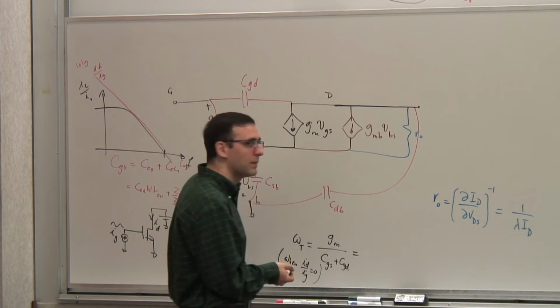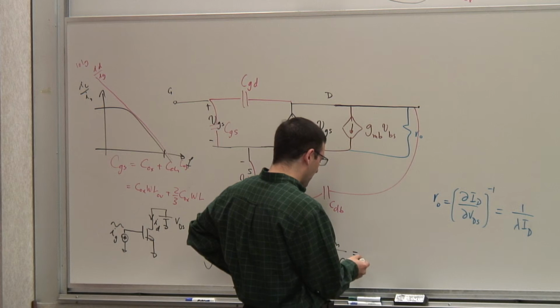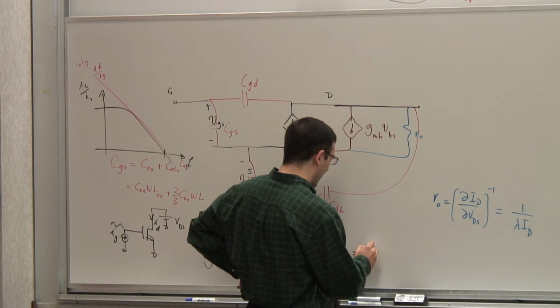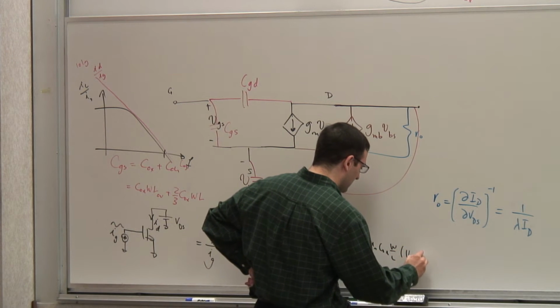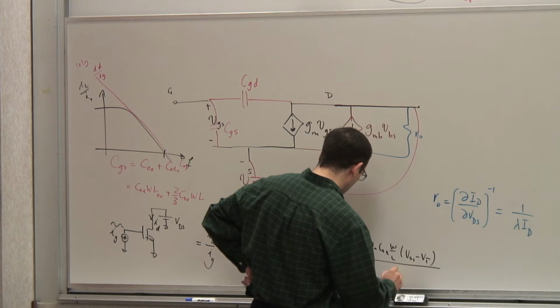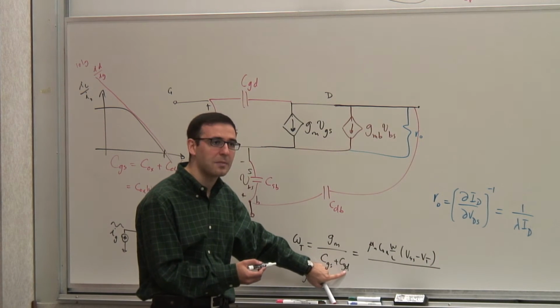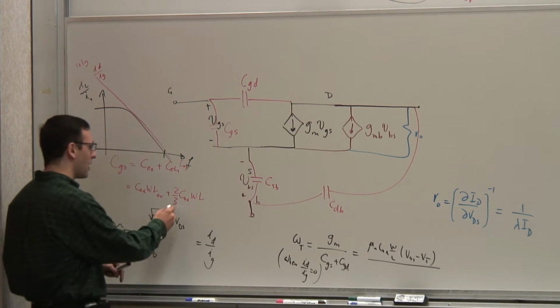So let's calculate based on the expressions we have. Now, Gm, we have two expressions for a constant voltage bias. So we have mu n Cox W over L, VGS minus VT, divided by Cgs plus Cgd. So we know this is the overlap capacitance, and this has the overlap capacitance plus the channel capacitance. But we know this is the dominant term.